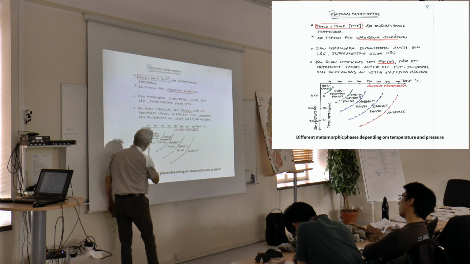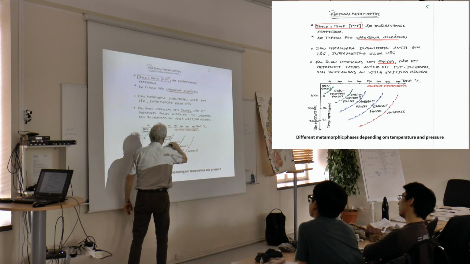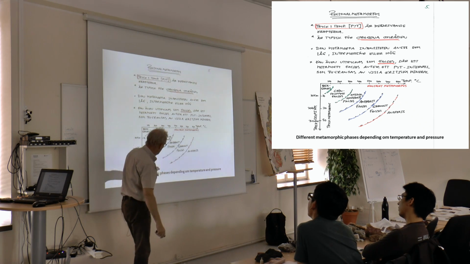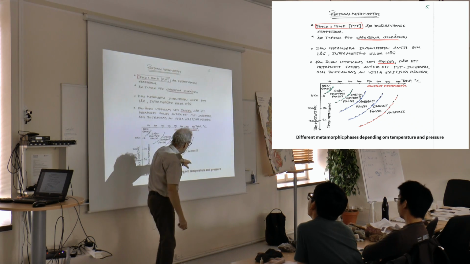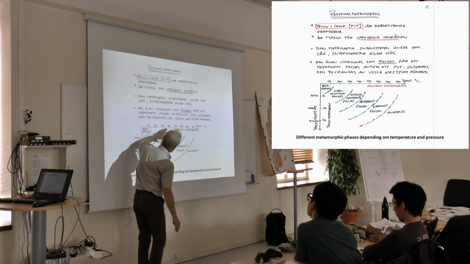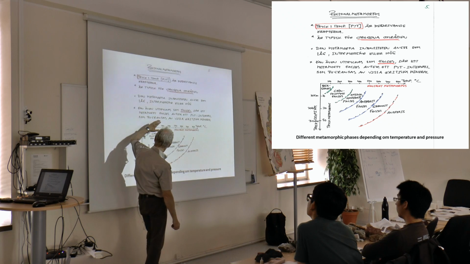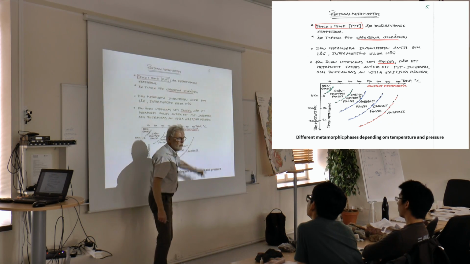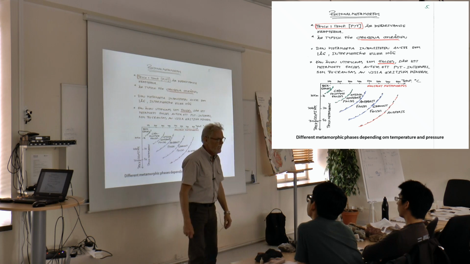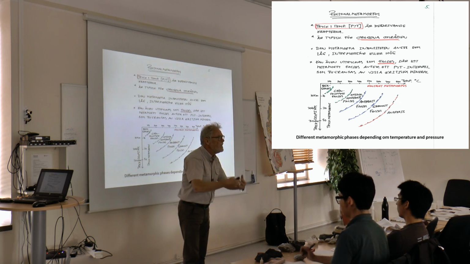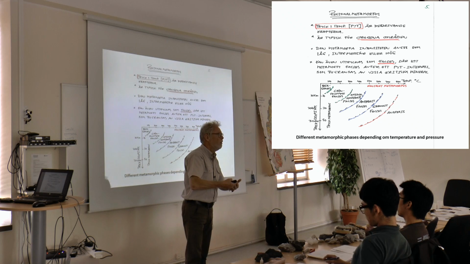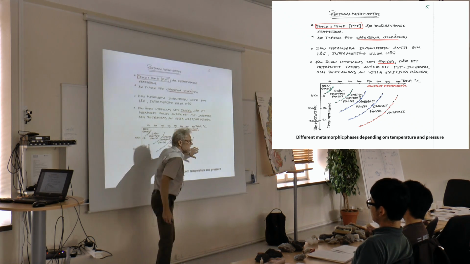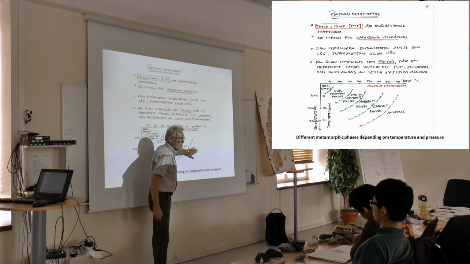So if we go here, we can follow different metamorphic phases depending on temperature and pressure. If we have high temperature and high pressure, we get something which we call anatexis. And this is melting of the rock. It will turn into a new magma. This is a new magma we have here.